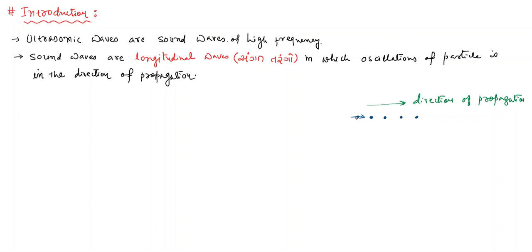So these particles are oscillating in this direction, back and forth, as you all are aware about oscillations. The direction of propagation is this, and this is the direction of oscillation. So the oscillations of particles are parallel to the direction of propagation.